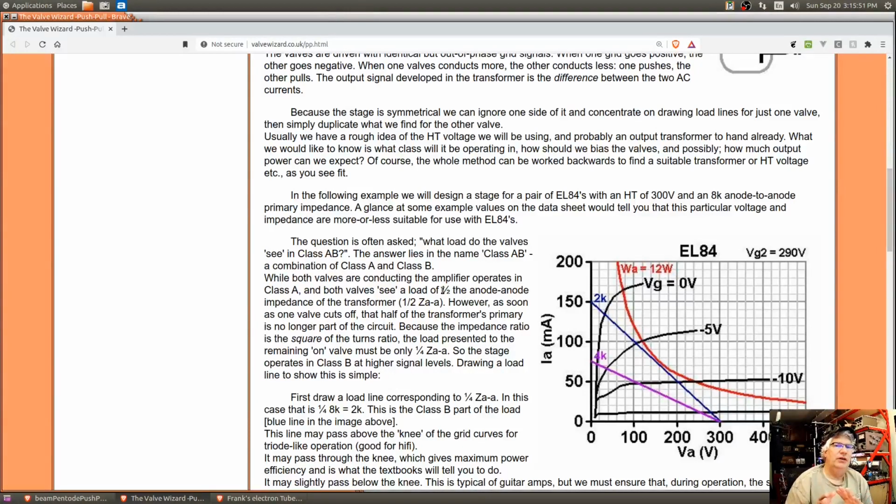When you're doing Class A and Class AB operation, the actual impedance seen by the individual tubes varies over the swing of the output voltage, which we're going to talk a little bit more about today, actually probably a lot more, and we're going to go into that with our example for 6L6s. He uses the EL84s, but it's the same idea. All right.